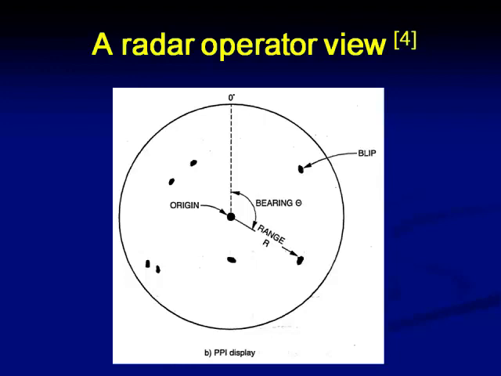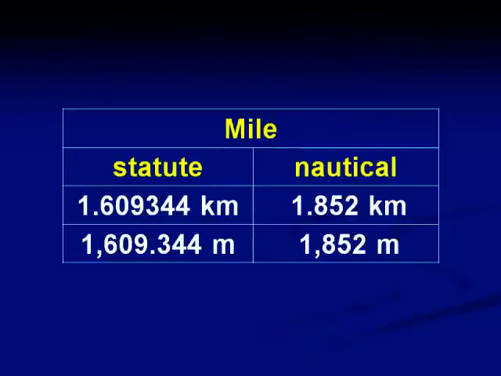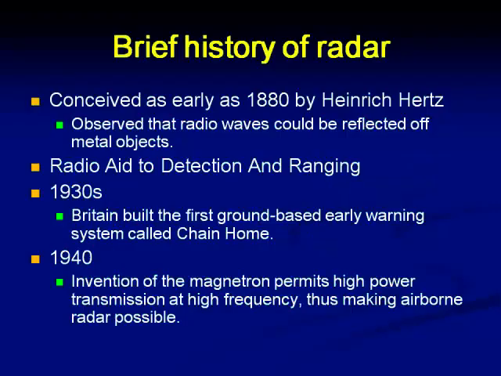Different blips on the scope indicate different targets that are present in the surroundings. The distance measurement is in terms of nautical miles, where one nautical mile is 1.852 kilometers.